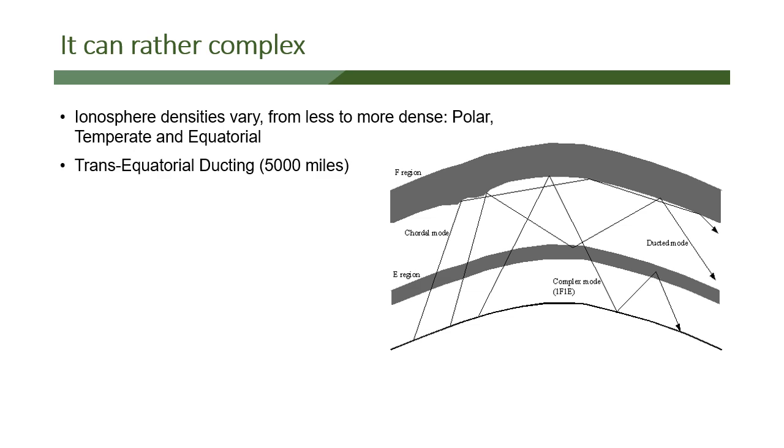So around the equator, we have what's called transequatorial ducting. You can imagine that's a very high energy area around the Earth because this is where the sun is almost always directly overhead. And this extends about 5,000 miles around the equator of the Earth, I'm sorry. And so this is a special ducting that lets a signal bounce back and forth across this 5,000 mile window much easier than it would in the polar or temperate zones.